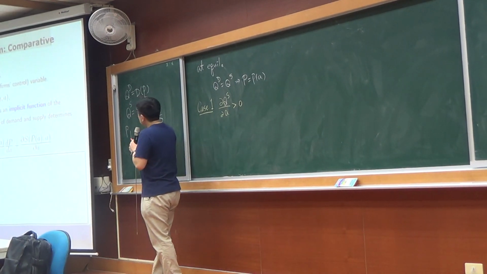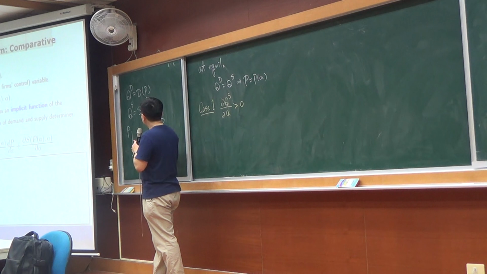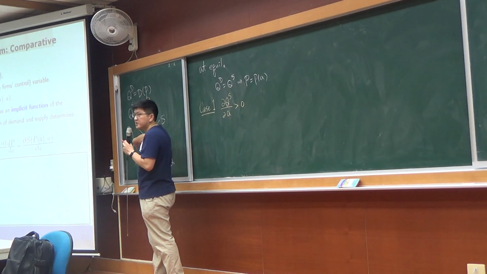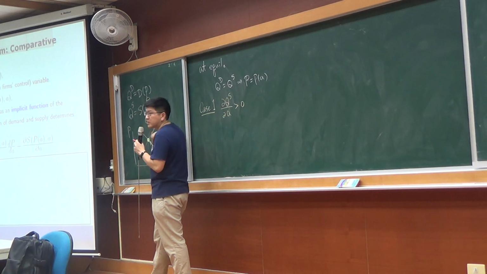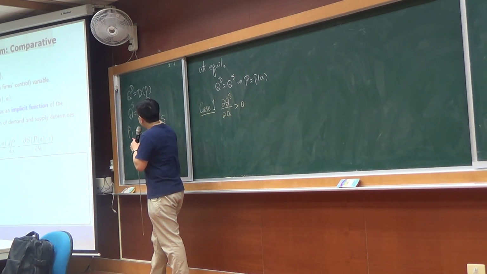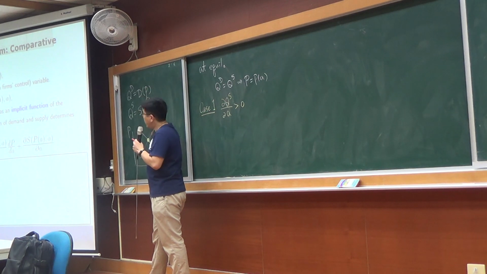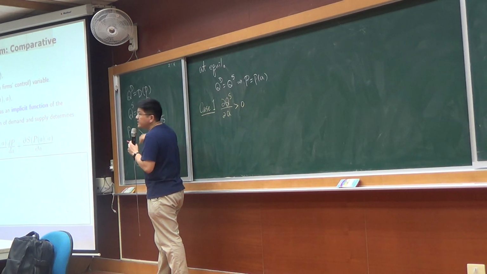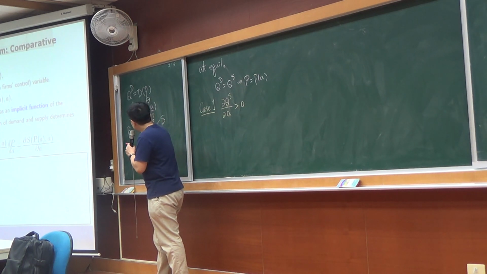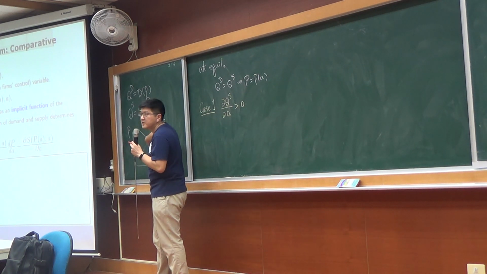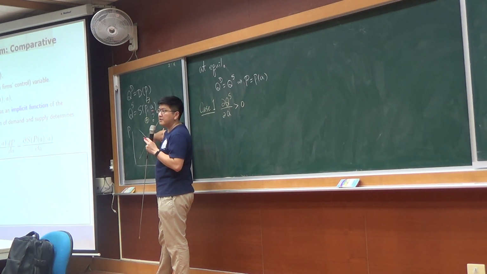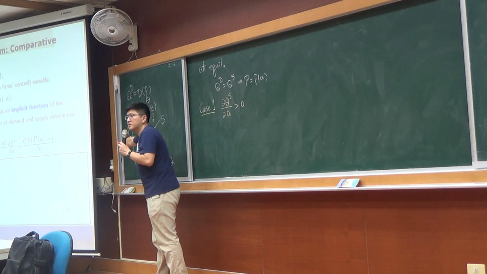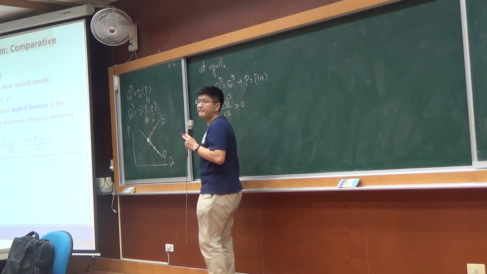But when A changes, the whole supply curve will shift either outward or inward. If the relationship between A and QS is positive, then when A increases, the supply curve will shift outward. If it is negative, then the supply curve will shift inward. Is that clear?